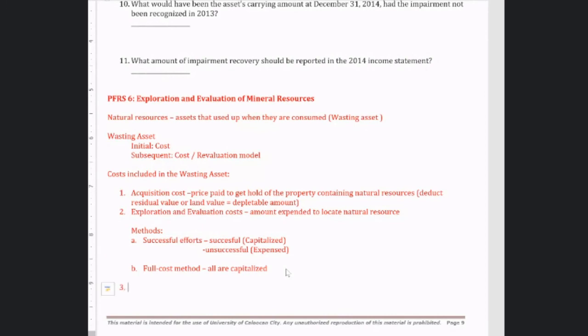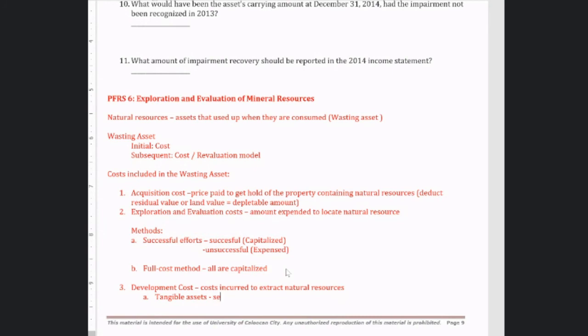So number 3, development costs. Ito yung cost incurred to extract natural resources. Dalawa yan. Meron tayong tinatawag na tangible equipments or tangible assets. Ito yung mga machinery, heavy machinery or anything na ginagamit.